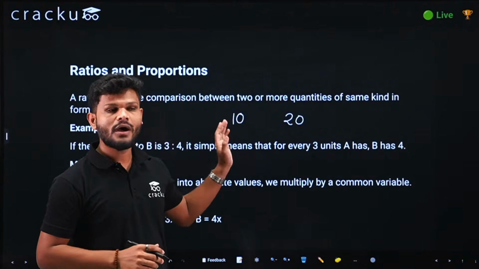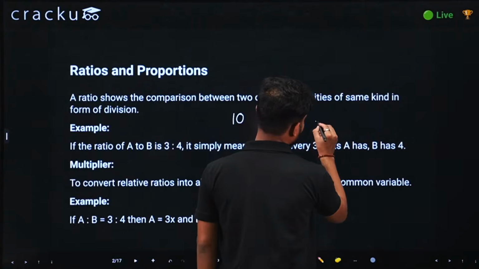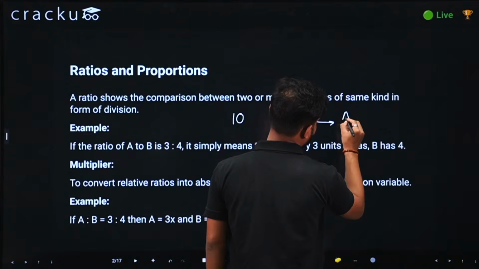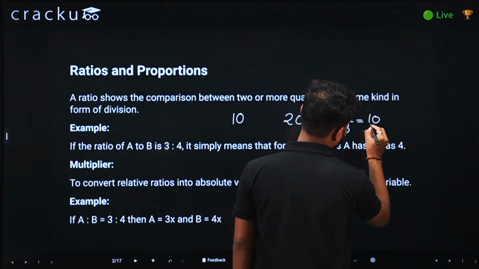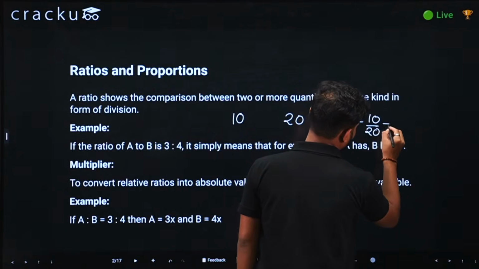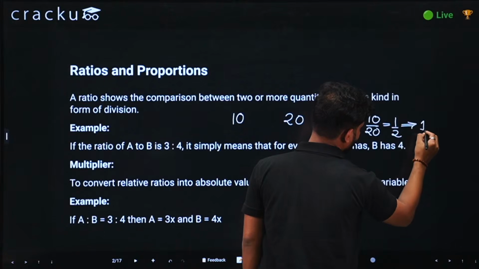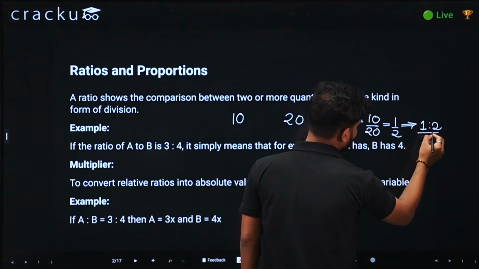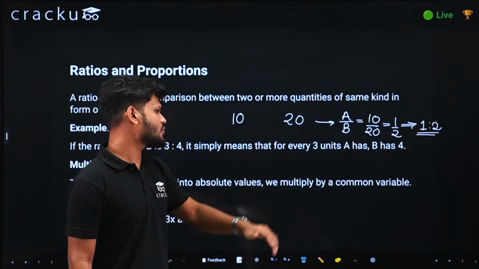If you have to show the relationship between these two using ratios, let A and B be the two people. A by B is 10 by 20, which is equal to 1 by 2, and the ratio is shown using a colon. So the ratio is 1 is to 2. We say the ratio of the speed of A and B is 1 is to 2.